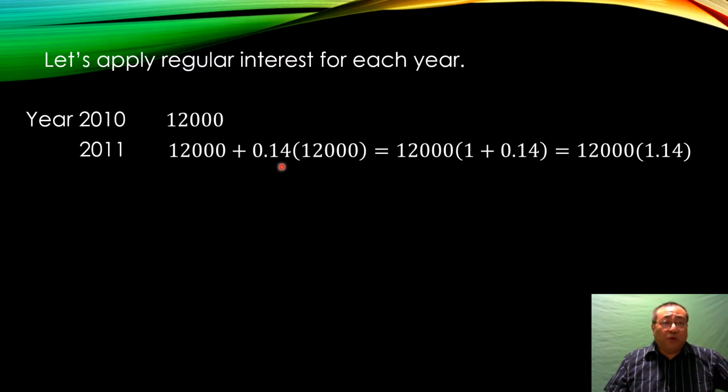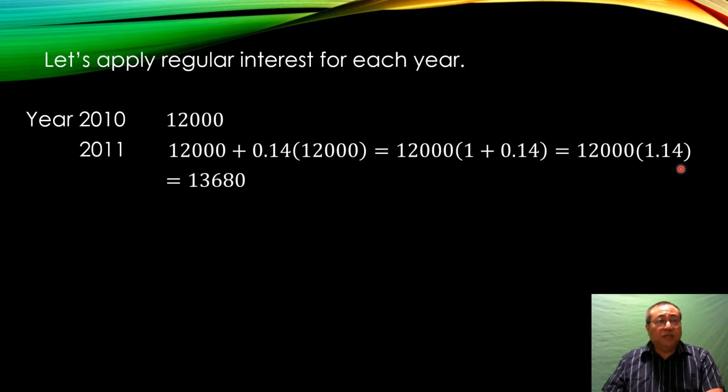We add 14% of that, so you do 0.14 times 12,000. 0.14 is the decimal version of 14%. Now there's a common factor of 12,000, so you take that out. 12,000 divided by 12,000 is 1, and taking 12,000 out of the other term leaves 0.14. So 1 plus 0.14 is 1.14, and that gives me 13,680.